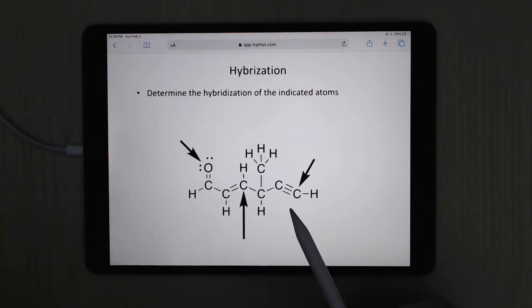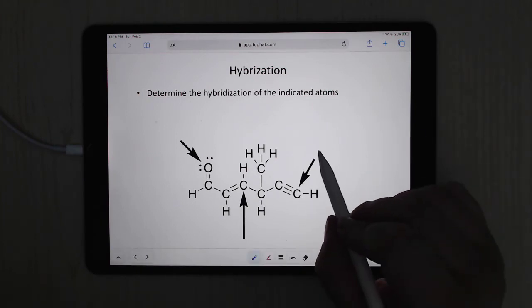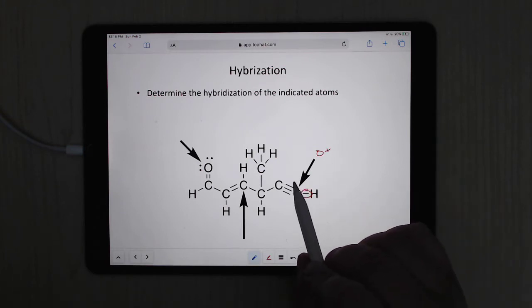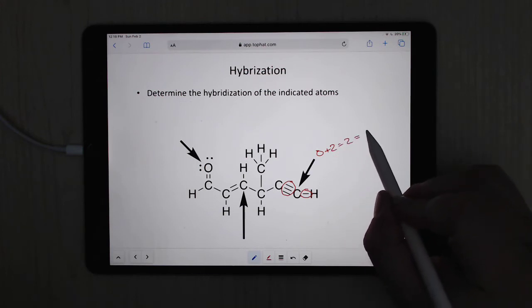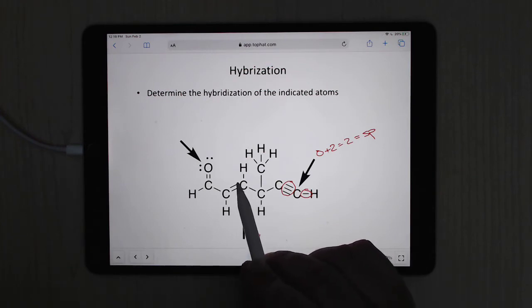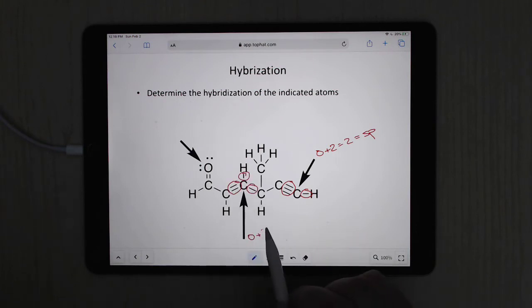Okay, so if you want to determine the hybridization on this thing, for this carbon, it doesn't have any lone pairs, but it does have 2 bond sets, this one and this one. So we need 2 letters, so it needs to be S and P. For this one, again, we're going to have no lone pairs, but you're going to have 1, 2, 3 bond sets.